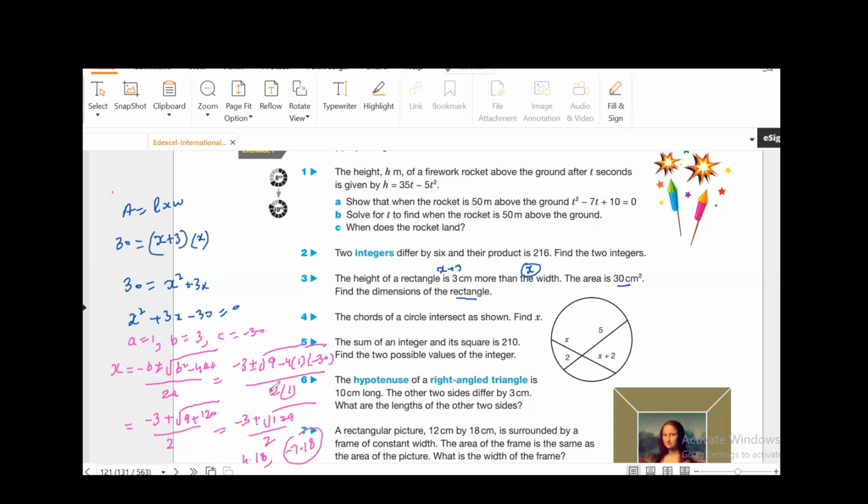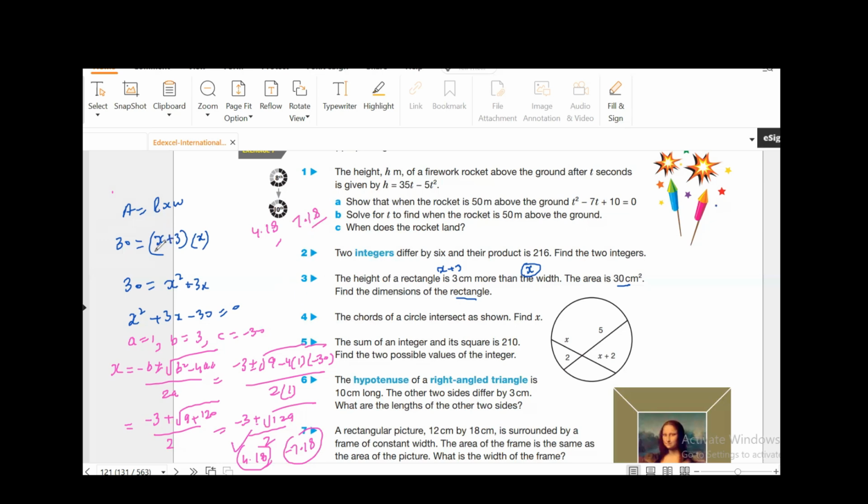But remember that this is a rectangle, so the dimension must be positive. So we will use this one, 4.18. If you consider this one, the second would be 3 more, yes? So just add in 4.18 plus 3, you'll get the second answer, which is 7.18. I hope you get it.